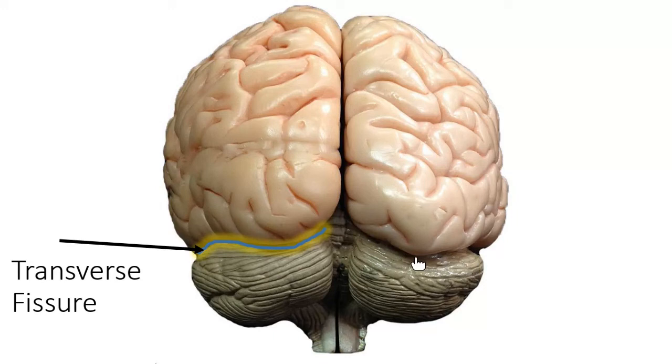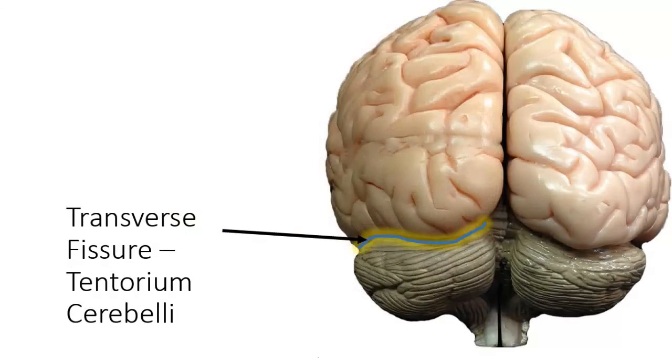In the transverse fissure, you're going to see that dural septa, let me be more specific. The name of the dural septa that sits in there is called the tentorium cerebelli. And again, it's like a tent flap. That's what I tell folks. It just lays right on top of the cerebellum.